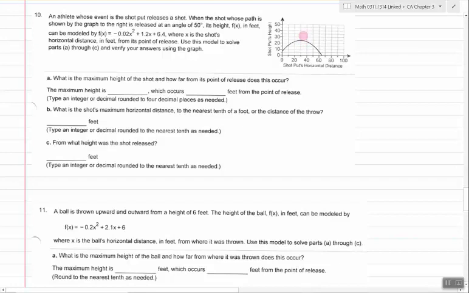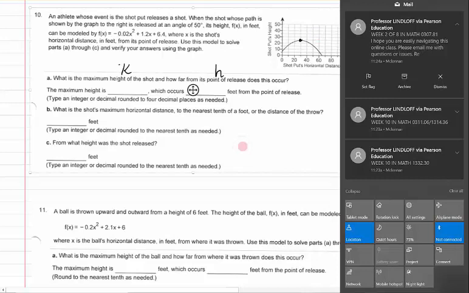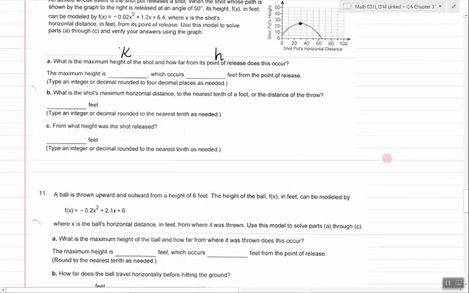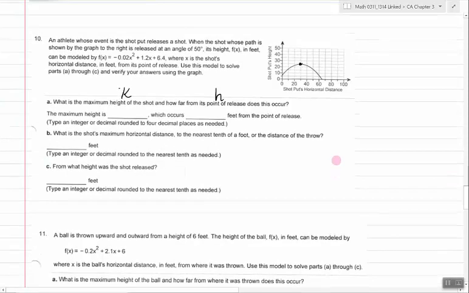The max height will be K, and how far will be H. In other words, this point here is H, K.